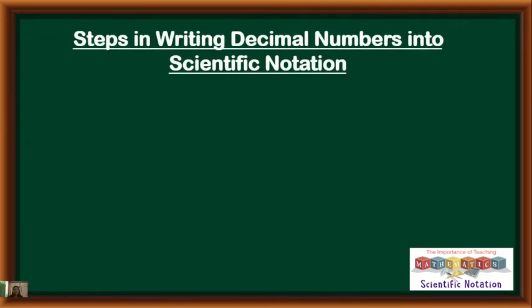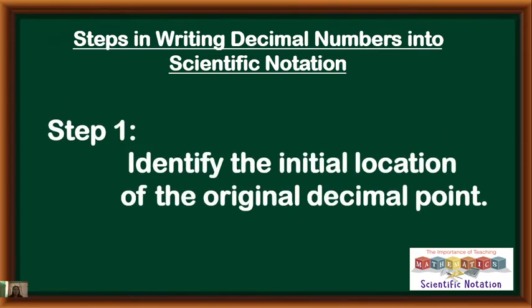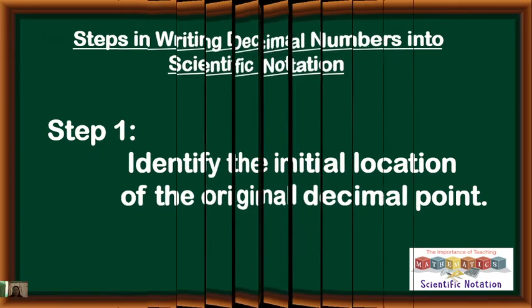So we have steps in writing decimal numbers into scientific notation. Okay, first step, you are going to identify the initial location of the original decimal point. So in step number 1, you locate the initial location of our original decimal point.